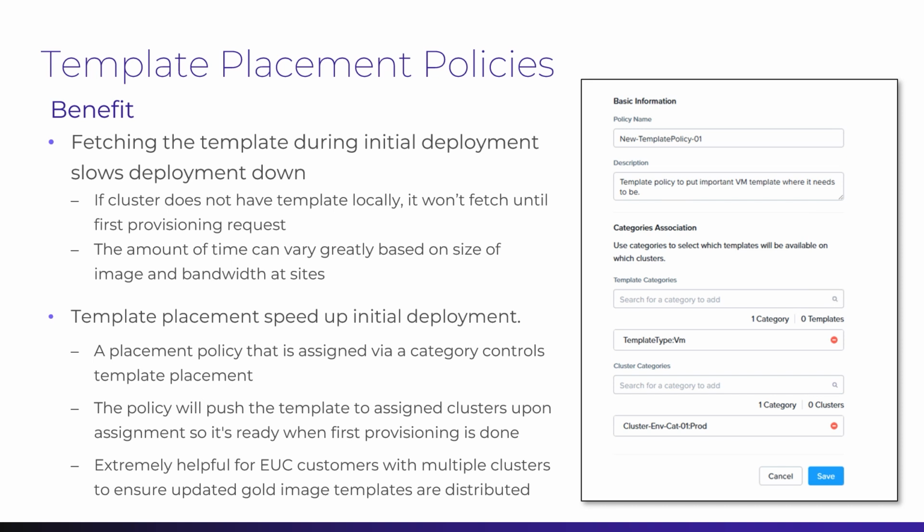This will be extremely useful for end user computing customers where they have a gold image and they probably have multiple clusters that they need to deploy that to, so that when they do their updates to their pools of desktops, that new image will be there already, and they won't have to wait. Provisioning won't be delayed while it pulls that image down, especially for those scenarios where it's in remote sites or bandwidth challenged.